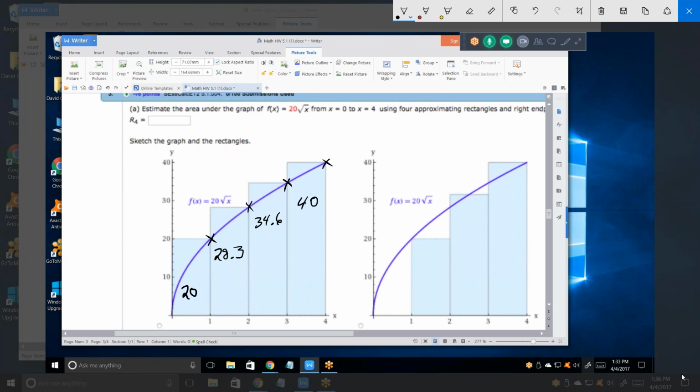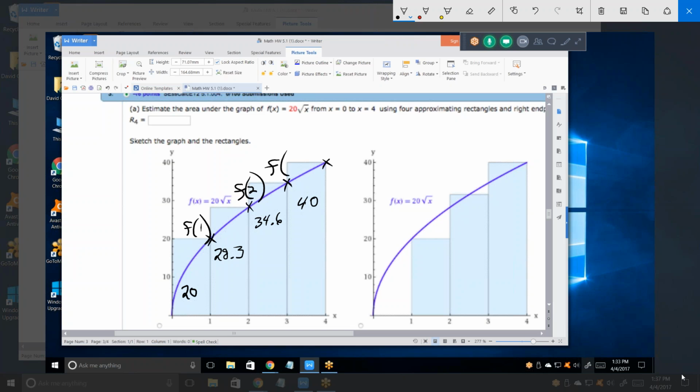But notice the other two, we sure didn't want to read that from the graph. We were significantly off. You want to get that value from plugging into the function. That's a very key part of the process, is that you don't really care what the height is. Let me write this like this. This is f of 1. This is f of 2.